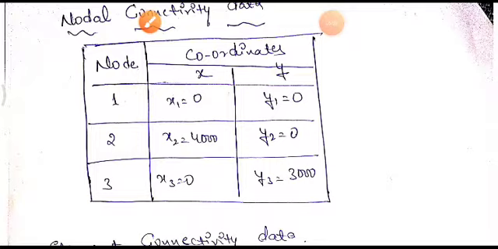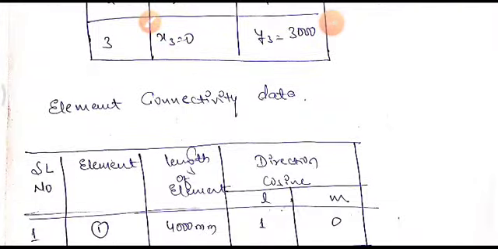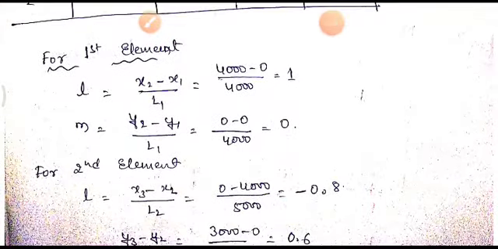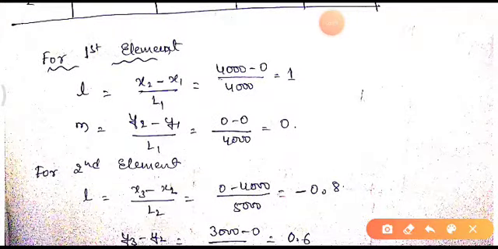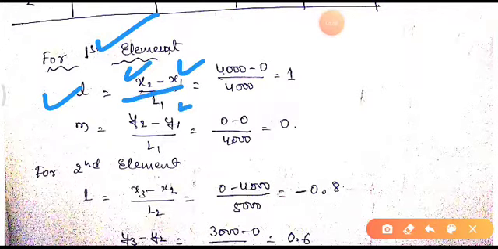Once you define the nodal connectivity data, next we need to define the direction cosines. Direction cosines are nothing but L and M, which define the orientation of each bar. For the first element, L is equal to x2 minus x1 divided by the length of the element.